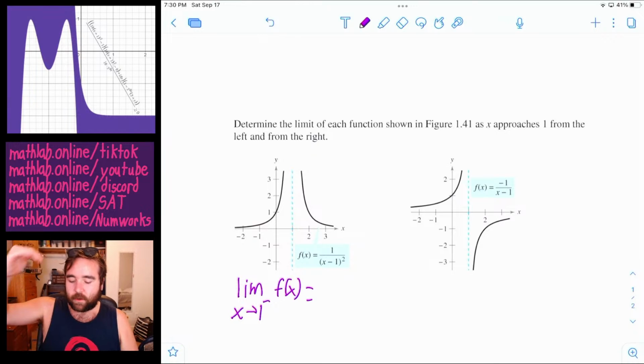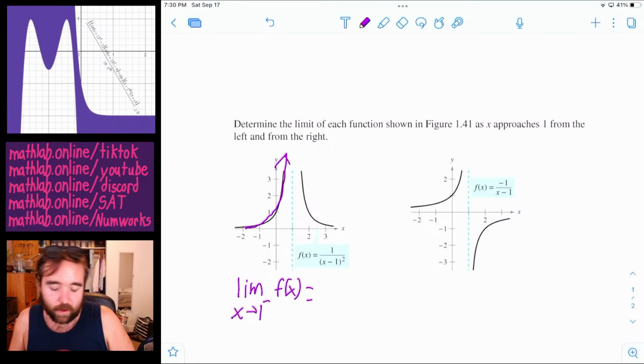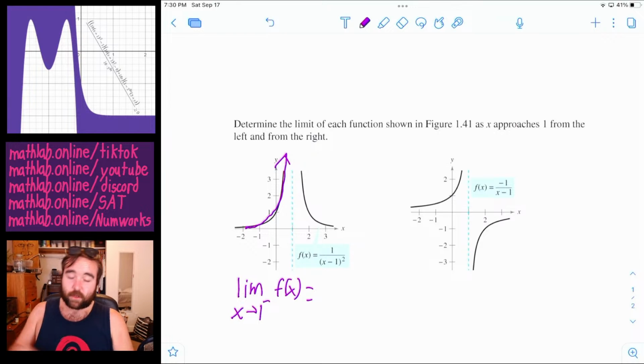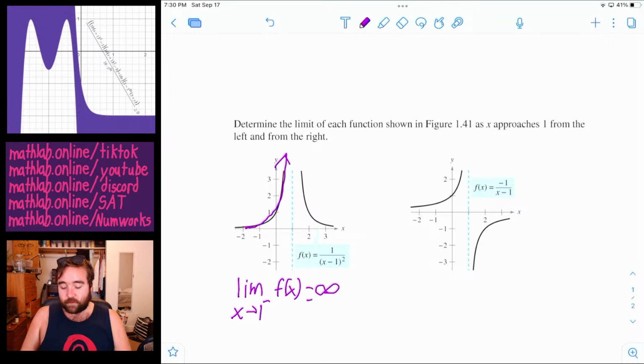As x approaches 1, you look at the graph from the left side, it's going up. So it's going up all the way to positive infinity. I don't know if this is legal to write that it's equal to infinity, but I'm going to do it anyway, because as x gets closer to 1, what is y getting closer to, from the left side at least?